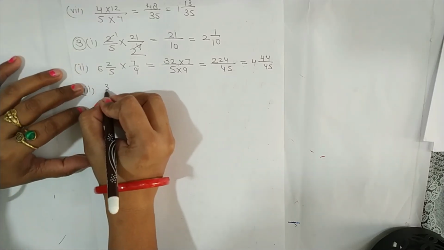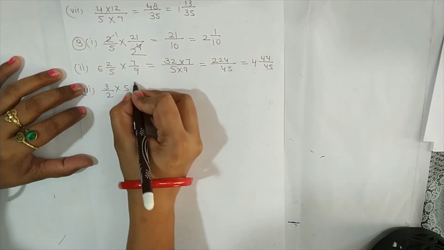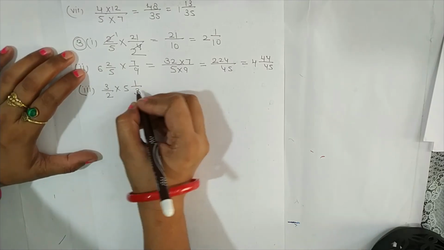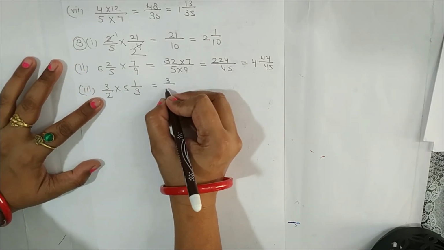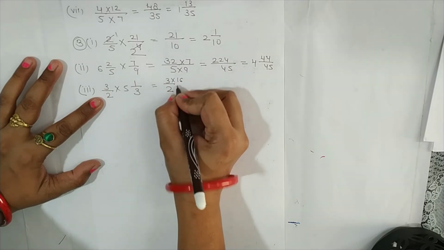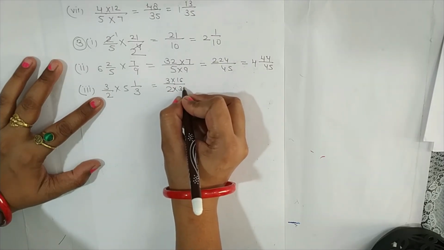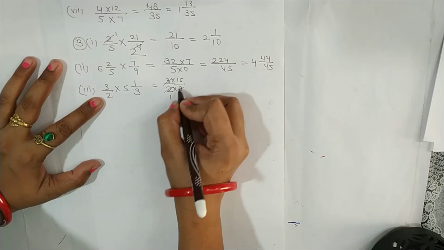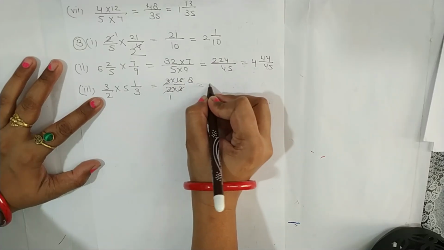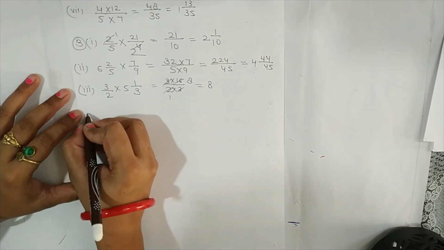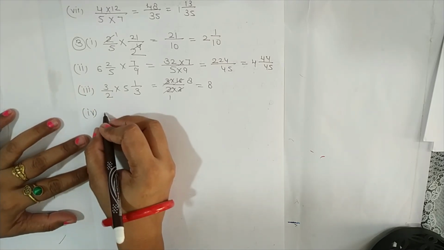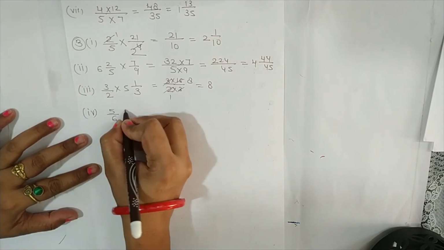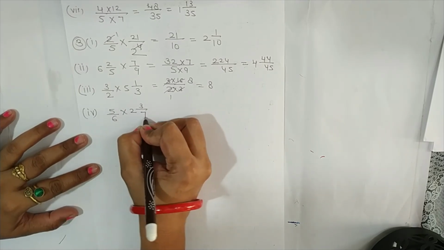Third one, 3 upon 2 into 5 1 by 3. So it will be 16 upon 3. So 3 upon 2 into 16 upon 3. 3 and 3 cancel. 2 ones are 2, 2 8s are 16. So the answer is 8. Fourth one, 5 upon 6 into 2 3 upon 7.